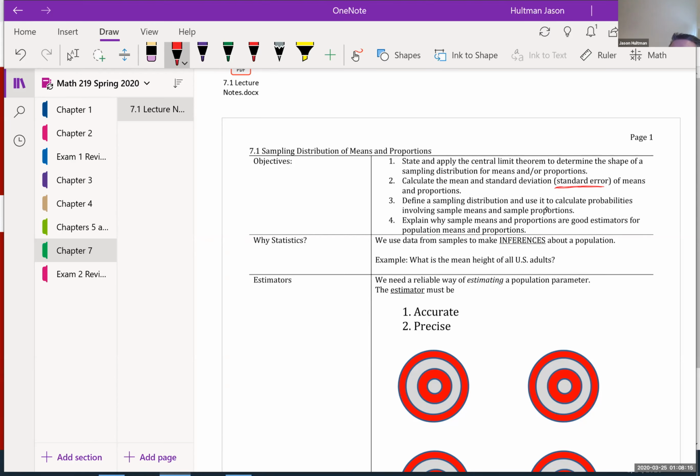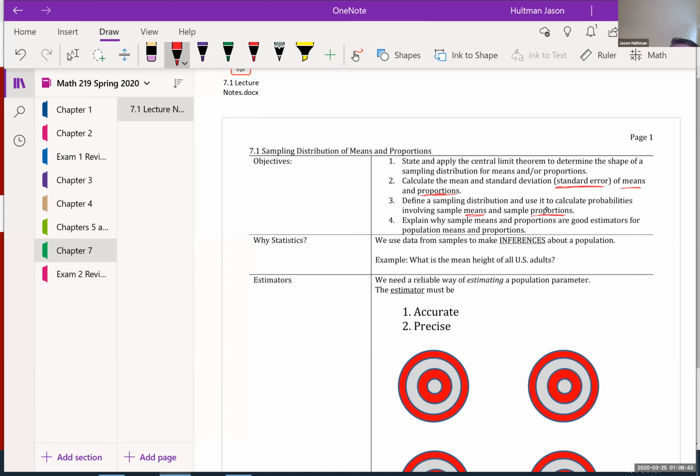Define the sampling distribution and use it to calculate the probabilities. And then we're going to do this for means and proportions. Define the sampling distribution and use it to calculate probabilities involving the sample means and sample proportions. So there's different rules for means and different rules for proportions.